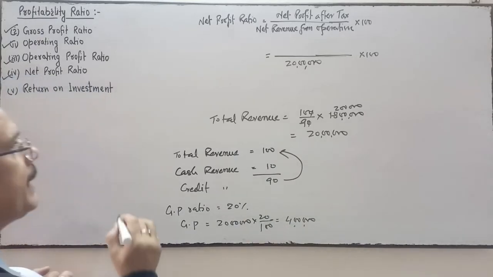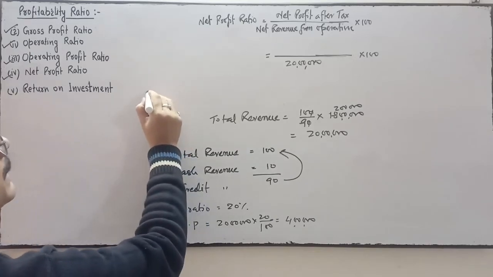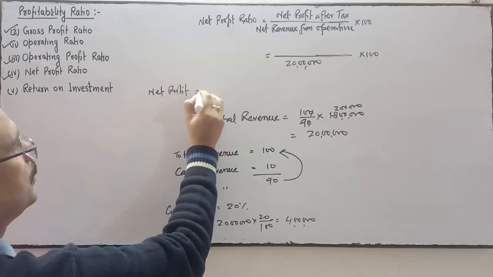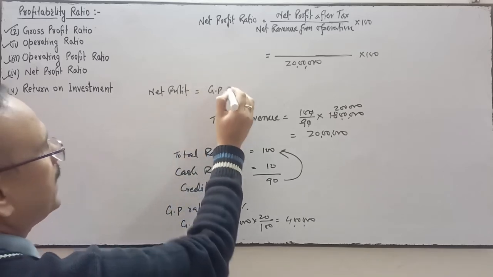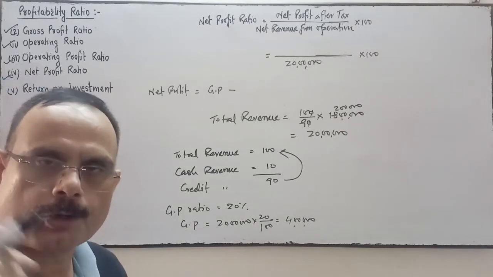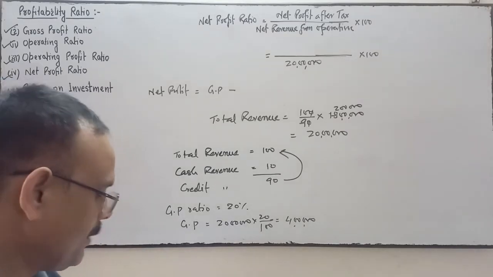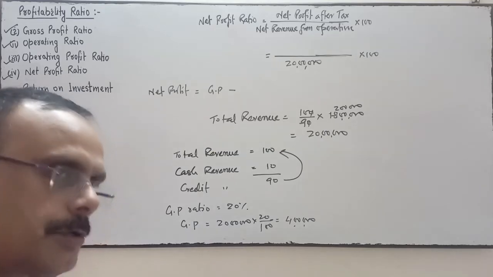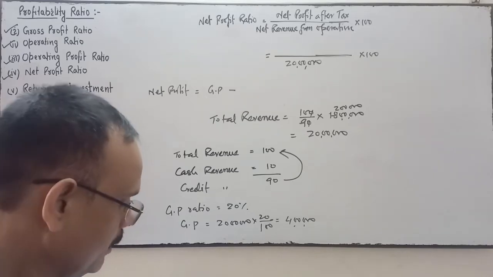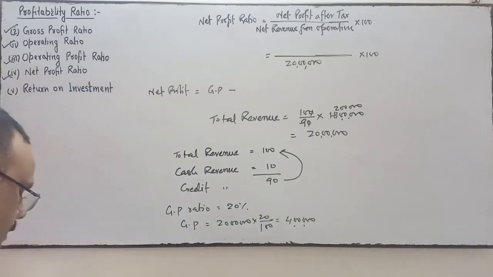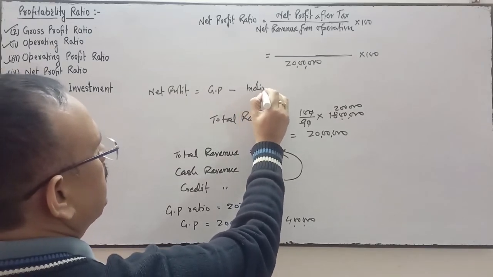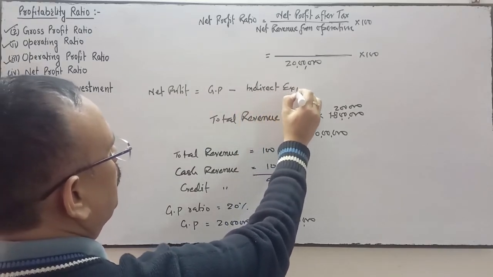Okay. So net profit is equal to gross profit minus all expenses, whether operating or non-operating, all revenue expenses and losses, plus all revenue incomes and gains. Here indirect expenses are 50,000, so you deduct the indirect expenses from the gross profit.